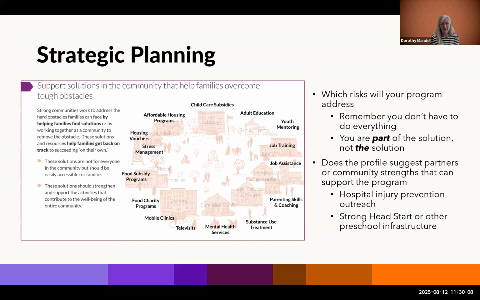This puts you back in the community, that there is a part of that community that you need to provide a solution for, but that connection is not everything.